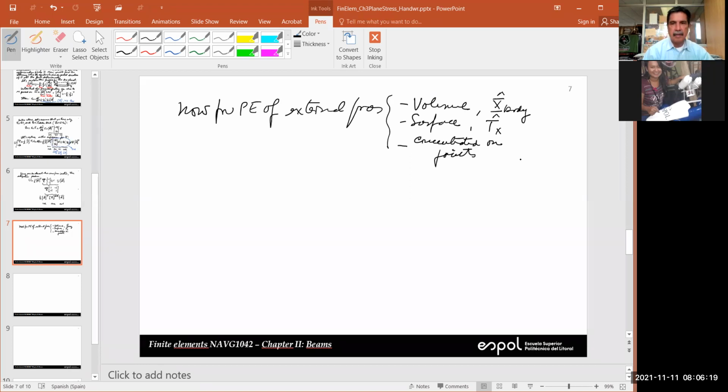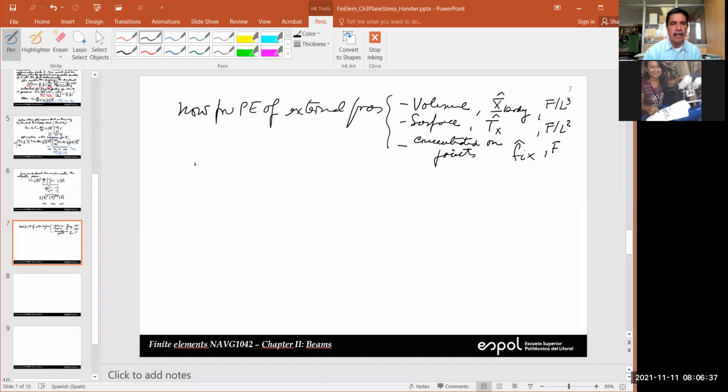Okay, for example, we can call it FIX there. So this is force per unit volume. This is force per unit area. It is just force. Okay, so let's call it PE.